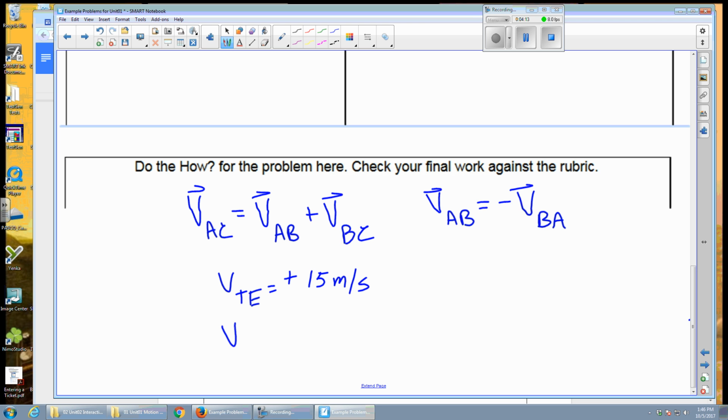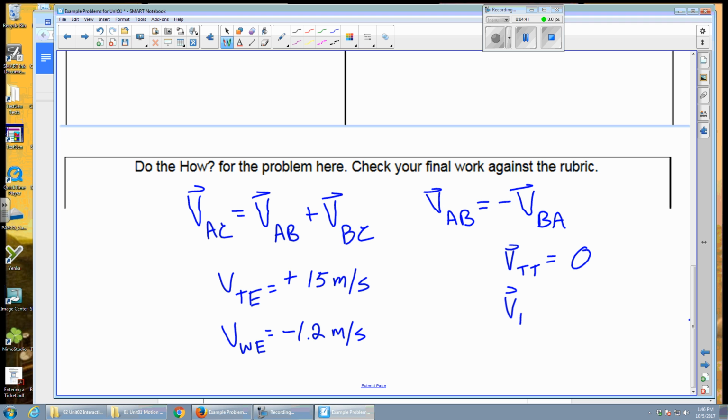The velocity of the worker with respect to the earth is negative 1.2 meters per second. And they want to know the velocity of the train with respect to the train. Oh, that one's straightforward: 0, no units because it's 0.